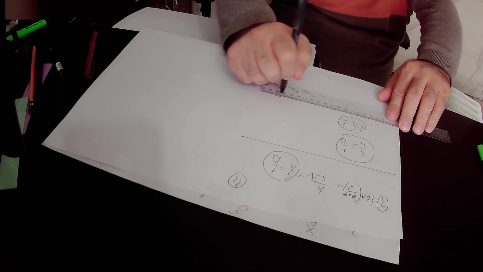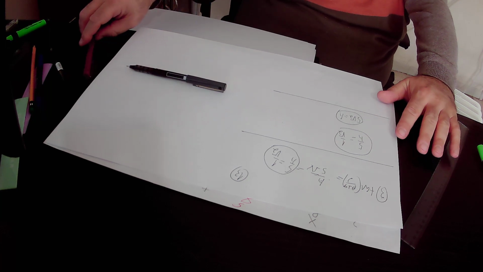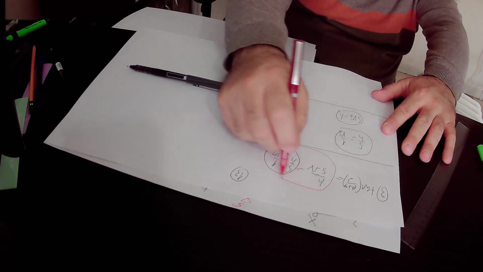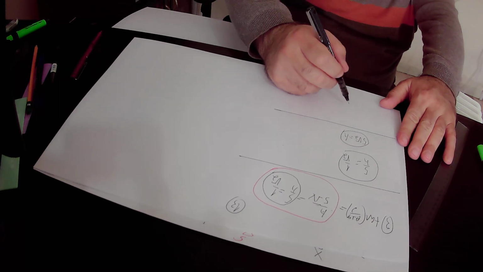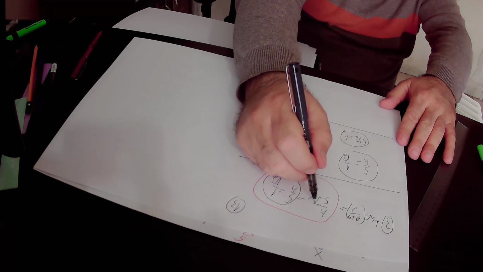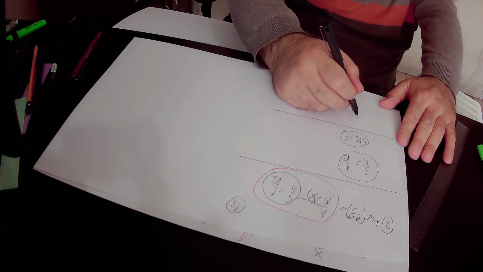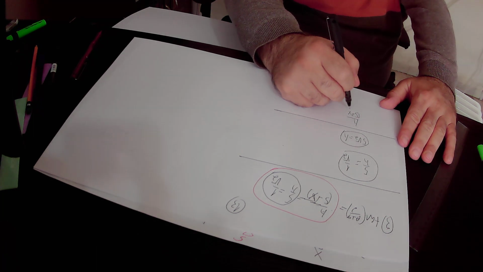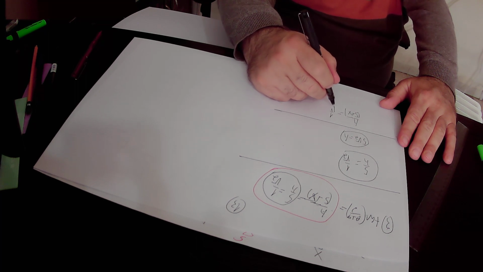In the next step, we'll create the second equation that states that h over 5 plus x equals 1 over square root of 2.